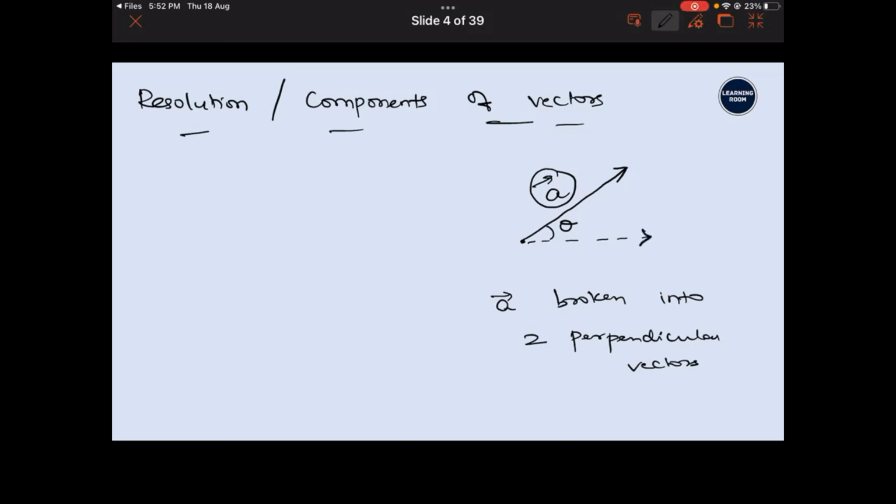One will be A times something, and here it will be A times something. Note this: this will be A cos theta, and the perpendicular component will be A sin theta. So observe, wherever the angle is, the side adjacent to that angle is A cos theta, and the side perpendicular to the angle will be A sin theta.